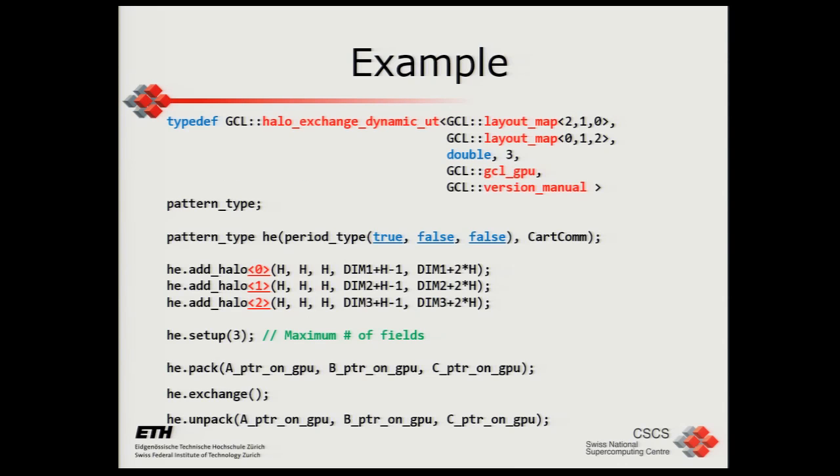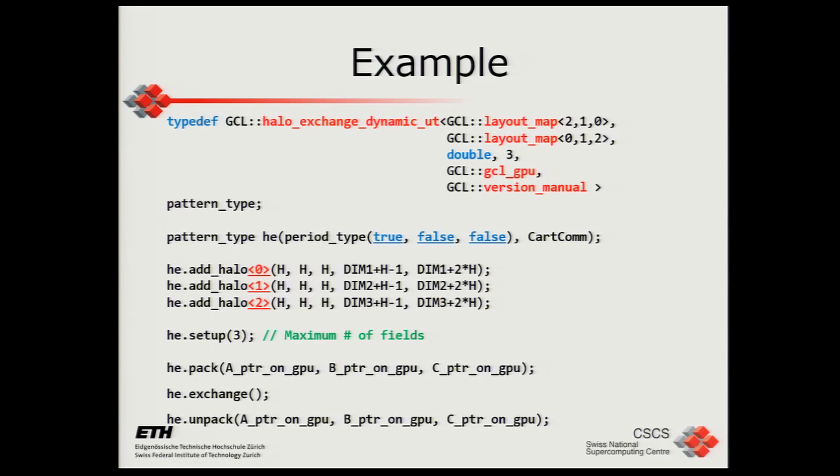So, to give you an example of what the code looks like, we basically define a pattern, which is a halo exchange dynamic. In this case, the name is not really important.